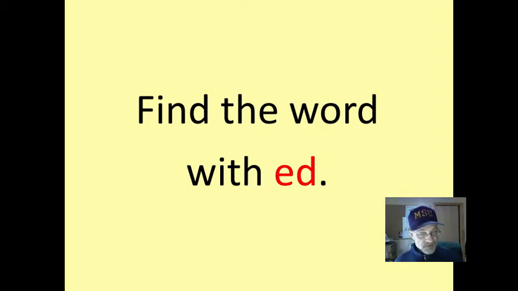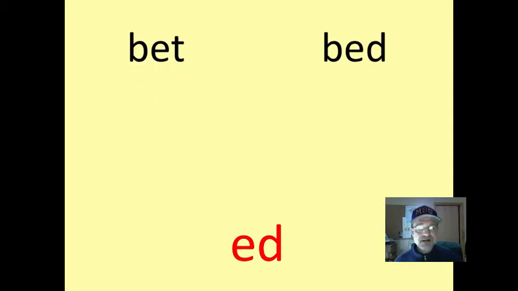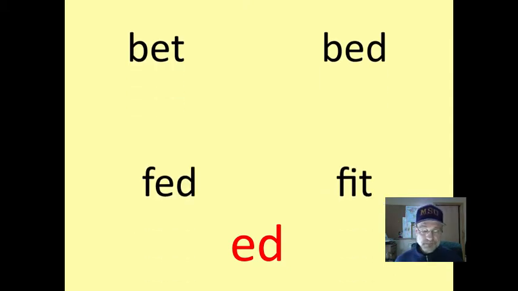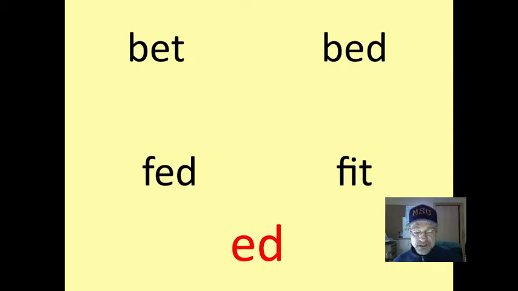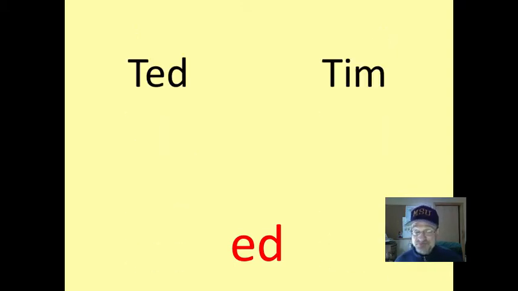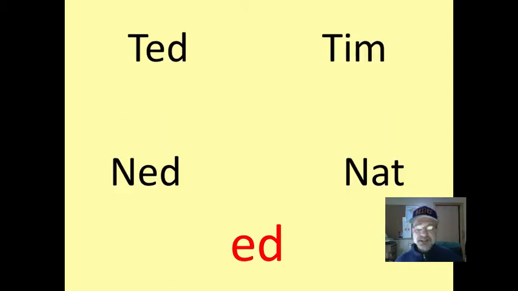All right, this is a new one. This is word discrimination, and this is good. Look for the word with the ed sound. And they should say the word bed, fed. You experiment. Originally, I'm having students actually point to the word and say it, but they have to say it. Ted, Ned. All right, this gets them looking and discriminating. Look at the word. Don't be in a hurry to rush on.